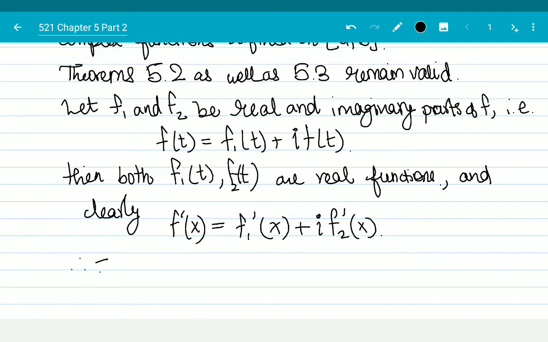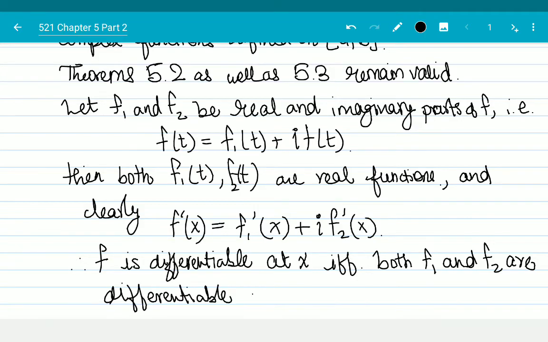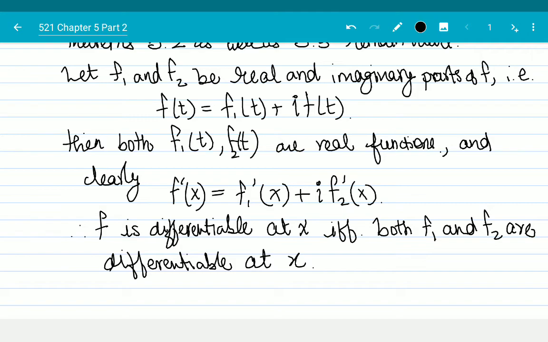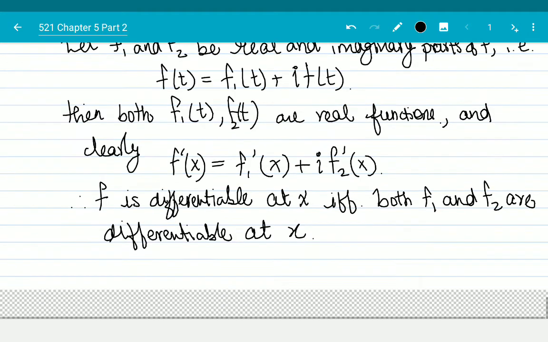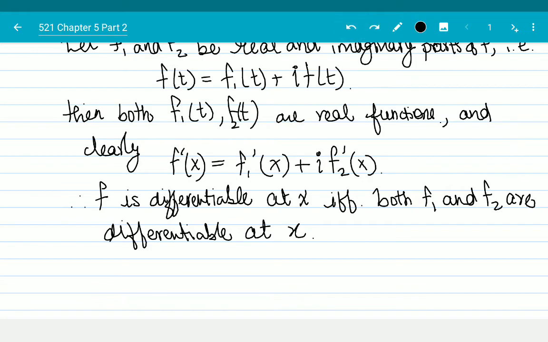Therefore, f is differentiable at x if and only if both f1 and f2 are differentiable at x. Okay? This is not just true for complex functions.